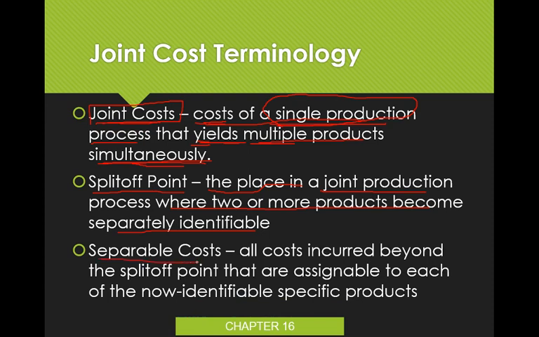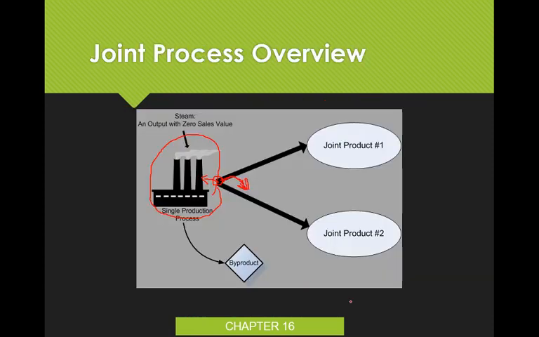Separable cost: all costs incurred beyond the split-off point. As we said, all costs incurred after or beyond the split-off point that are assignable to each of the now identifiable specific products. If we go back to our example, any costs incurred after this point are simply identifiable.